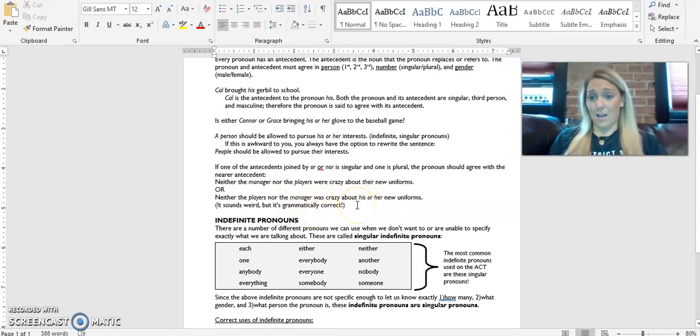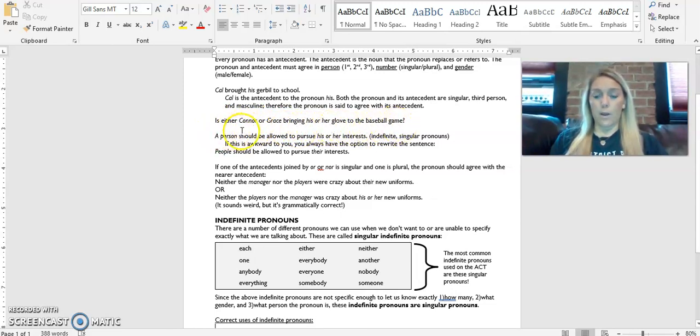Now, if I could help it, I would just rewrite the sentence to make it say neither the manager nor the players were crazy about their new uniforms, because I don't think this one sounds very good. But sometimes you don't have that option, right? Here, up here, you have is either Connor or Grace bringing his or her glove to the baseball game.